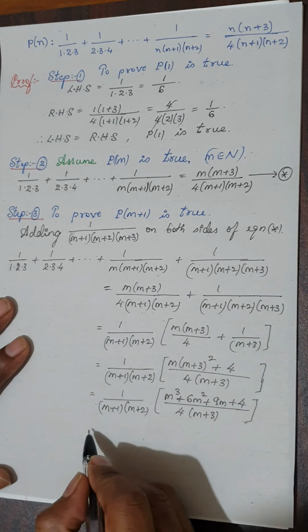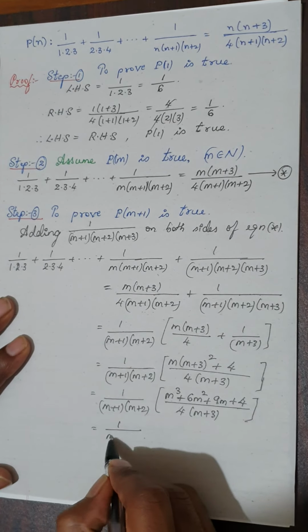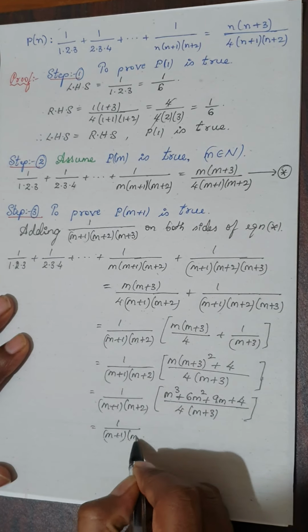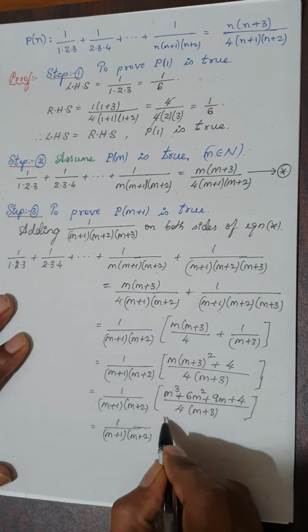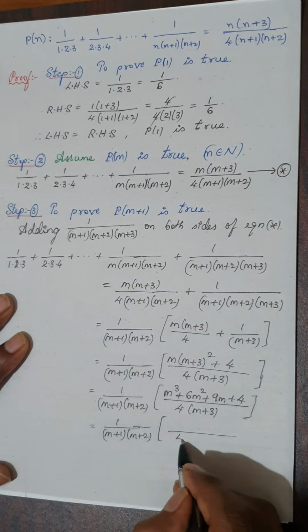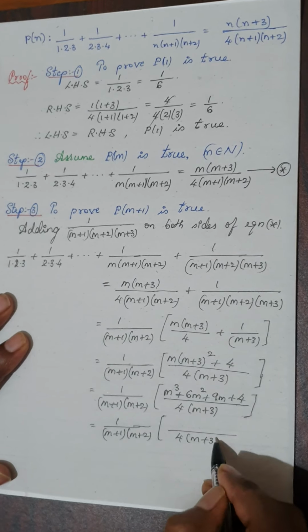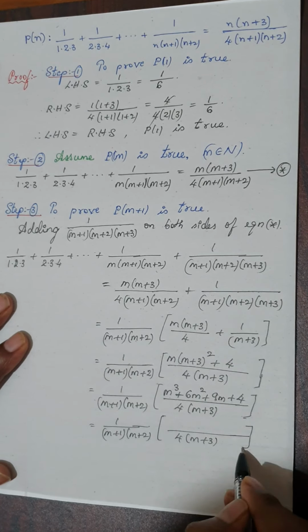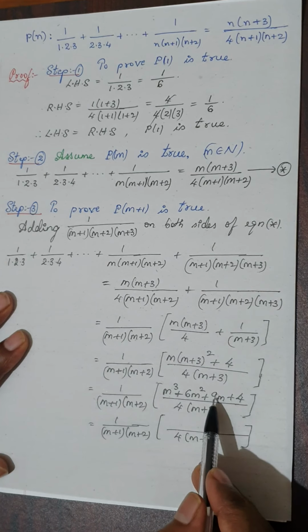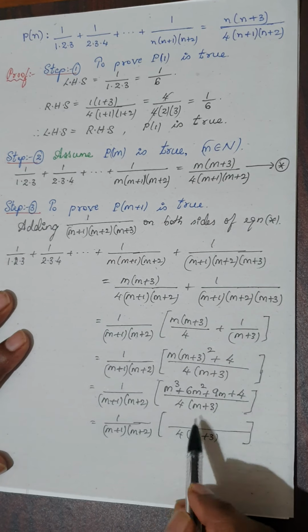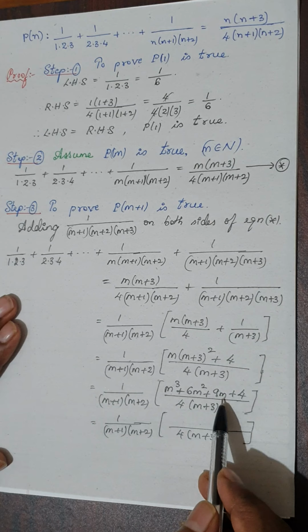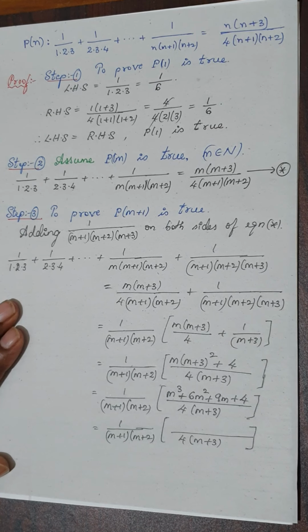Moving on, you are left with 1 divided by m plus 1 into m plus 2. Here you have 4 into m plus 3 as it is. Now I'm going to give this work for you to factorize. I'll give you the final answer. Though it's a cubic equation, it's up to you how you factorize. Is it clear?